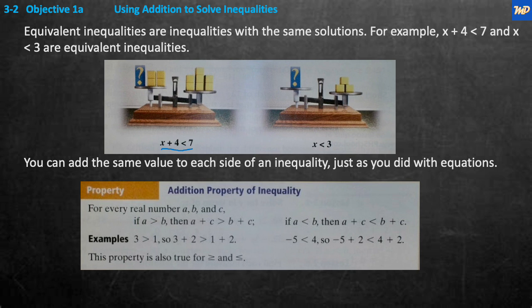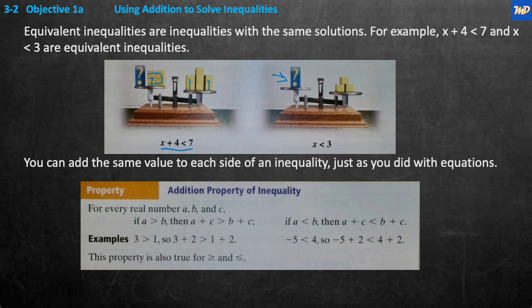And then on the other side, we have 7 boxes. So this question mark is what we're going to apply, right? And they're saying that it's equal to x is less than 3. So that means that if you take away these 4 here that they're showing, and you take away 4 out of your pile over here, you're going to be left with 3 and the question mark. So the question mark right here is equal to the 3. So they've shown that these are equivalent inequalities.